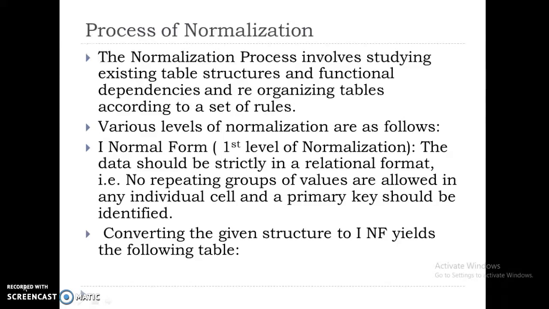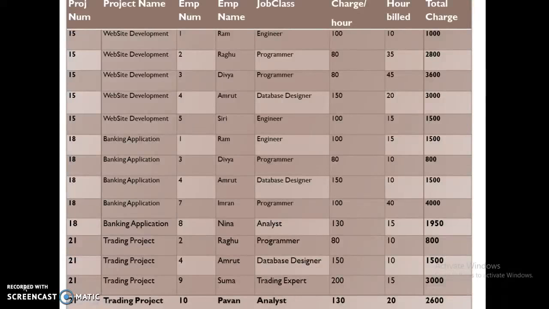So now the given structure, if we try to convert it into the first level of normalization, we come up with the following table. What we have done here is, instead of having one single group per project, we have separated out all employees and created a separate row for each employee that works on a project. And so this looks like the data is already in relational format.